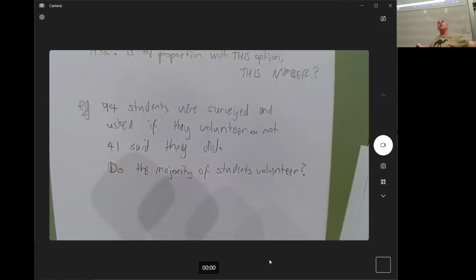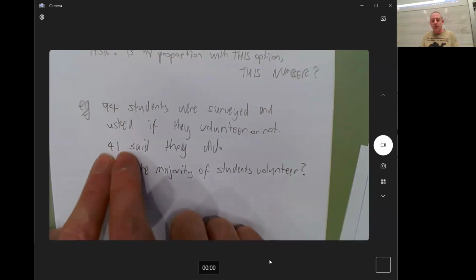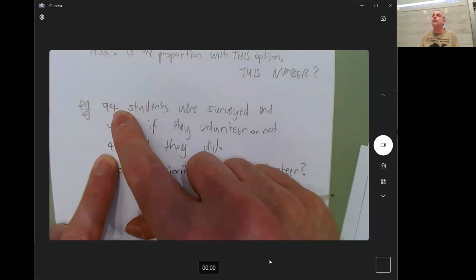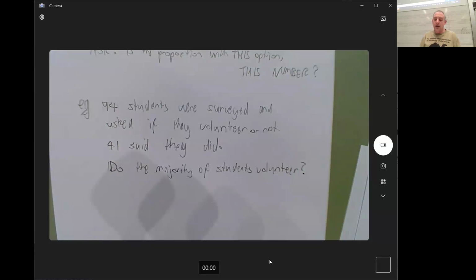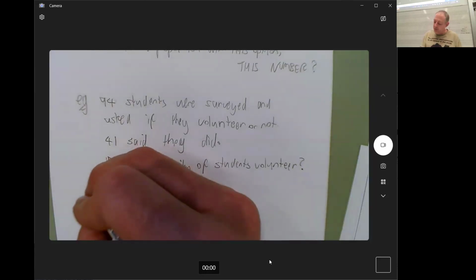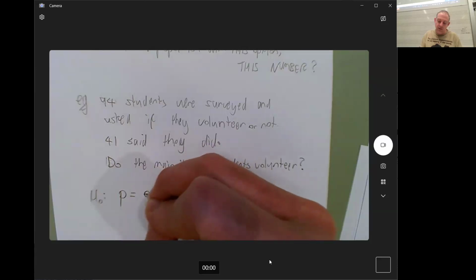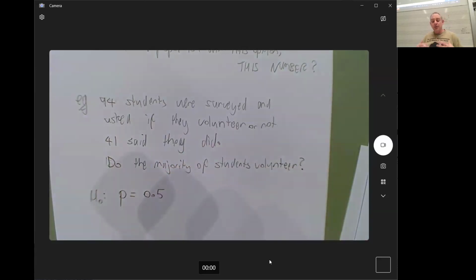No proportions are currently mentioned, but they are there. The majority is asking, is the percentage more than 50%? That's what it's asking. And there is a proportion, it's 41 out of 94. And so I can get the information I need from here. So my null hypothesis is that the proportion really is 0.5.